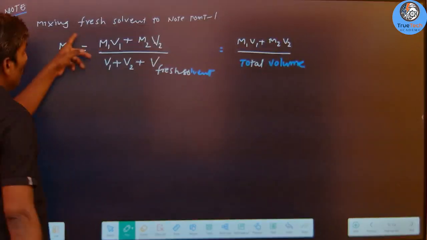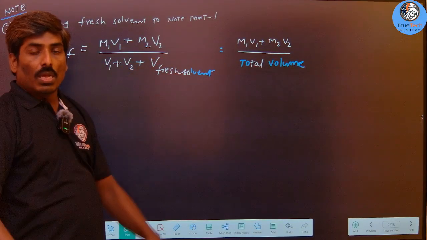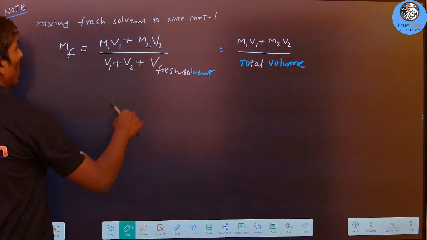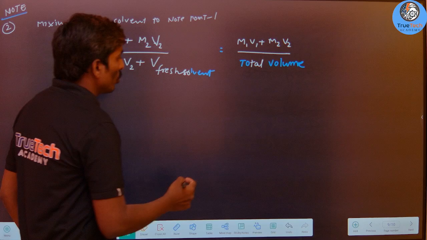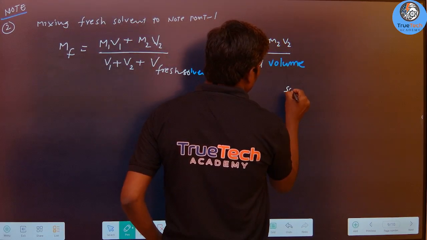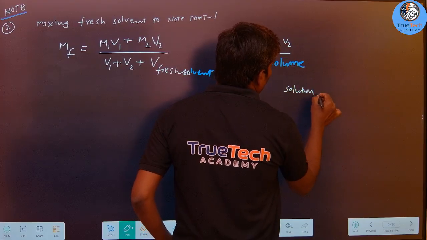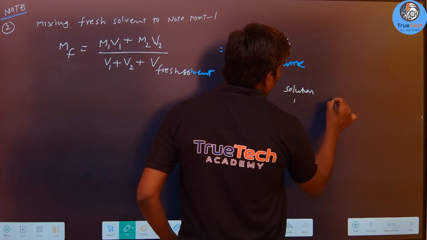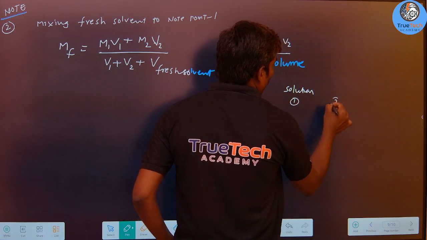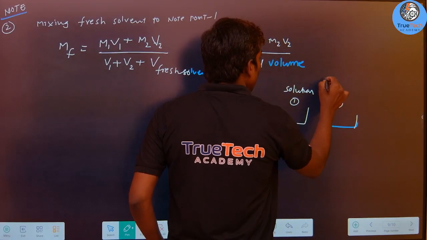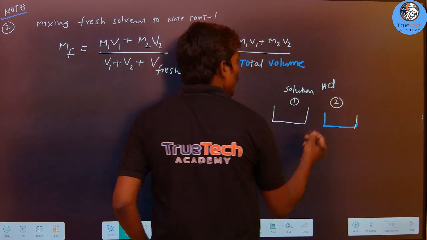The second point is mixing of fresh solvent to the previous note point. So this is the formula. For example, let us see. Solution 1 and solution 2 are like this. Same HCl, solution of HCl.